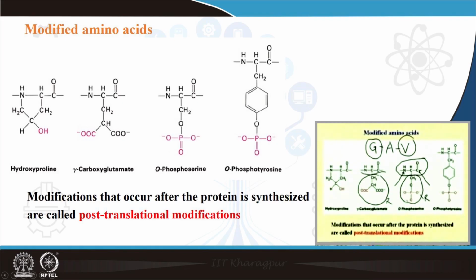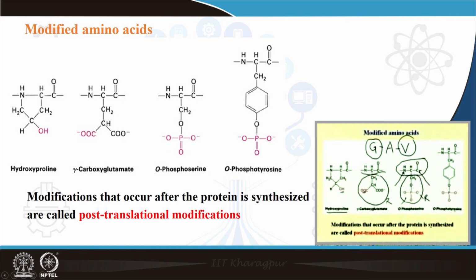So what are the modified ones that we could have? There are others, but these are the common ones. We can have hydroxyproline, in which our hydroxy is attached here. We can have carboxyglutamate, where the carboxy is attached here. We can have phosphoserine, where the phospho is attached here, the phosphate group instead of the OH.